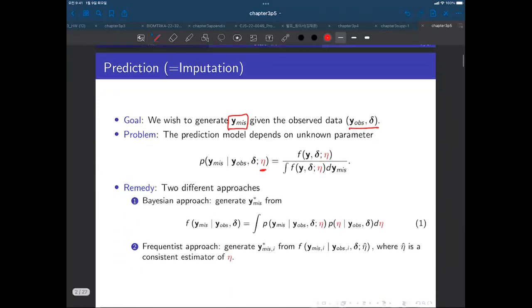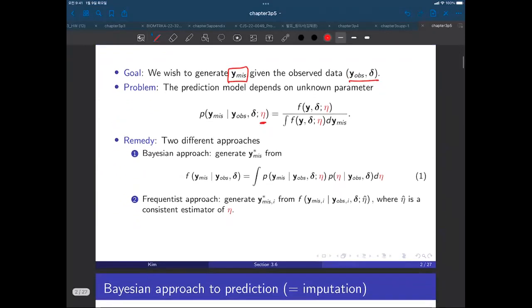So there are two different approaches in statistics. One is you average out, you integrate out over the unknown parameter. That is the Bayesian approach. The frequentist approach is to use plug-in.